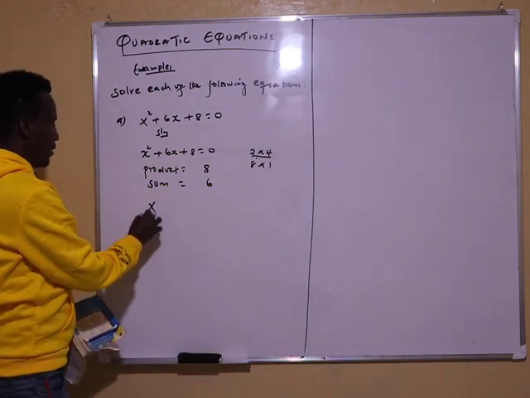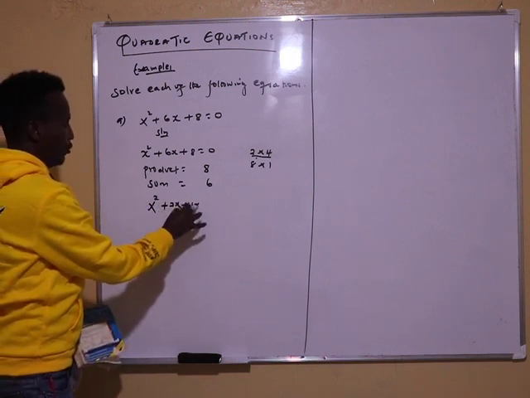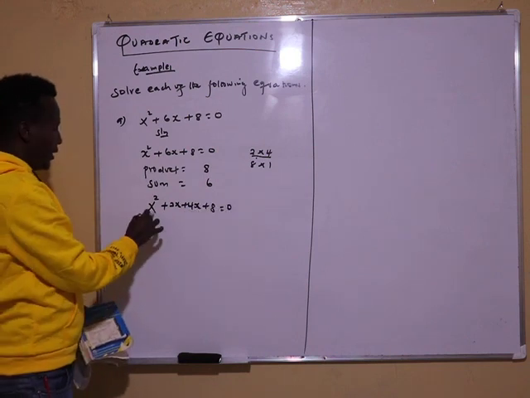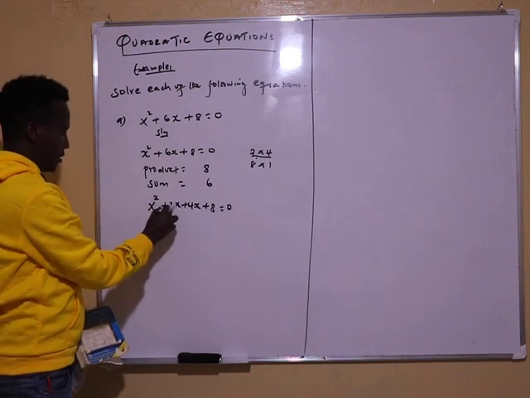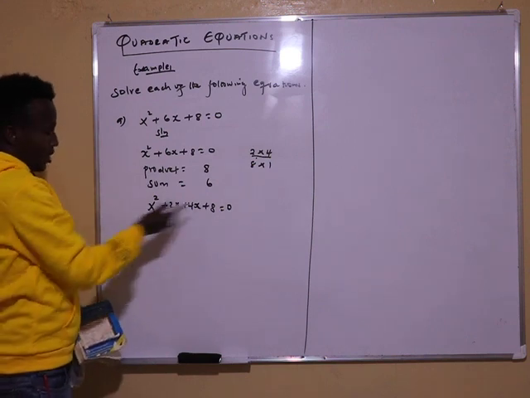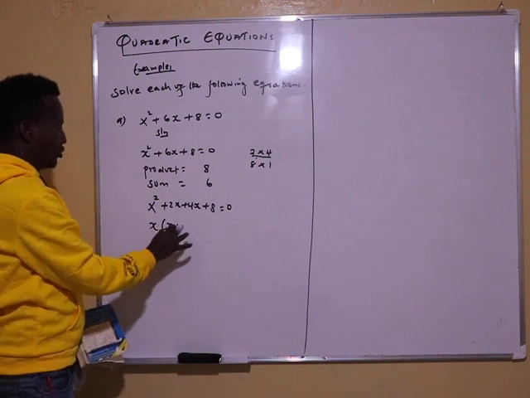Then substitute here, we will have x squared plus 2x plus 4x plus 8 is equal to 0. Then treat these two separately, and also treat these two separately. Then we are going to factorize on this side. Then we will have x into x plus 2.